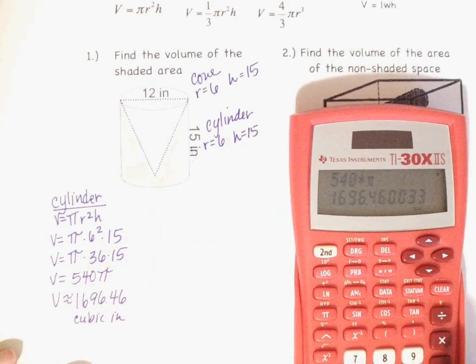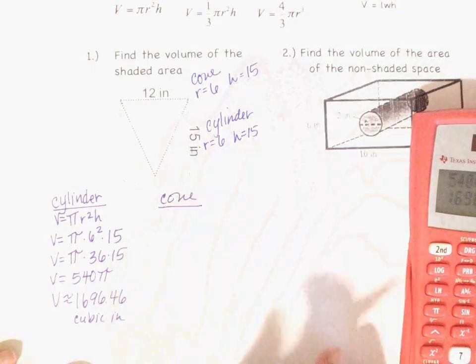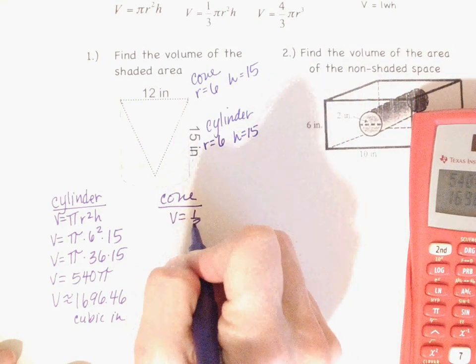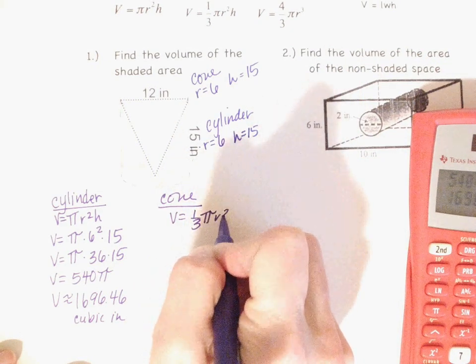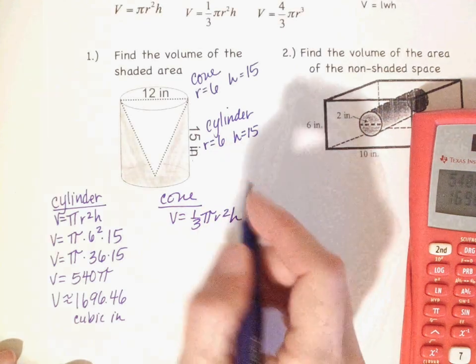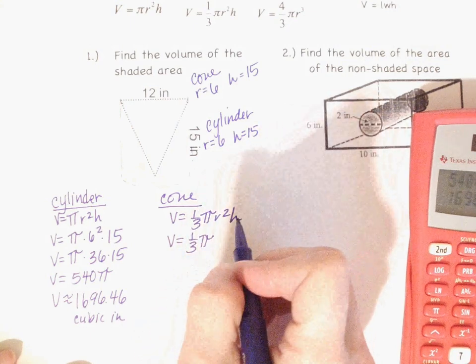Now I'm going to go ahead and jump to my cone and find the volume of my cone. So for my cone, I have volume equals 1/3 pi r squared h. So again, that's right there at the top. Then I'm going to make my substitution. So I have 1/3 times pi.